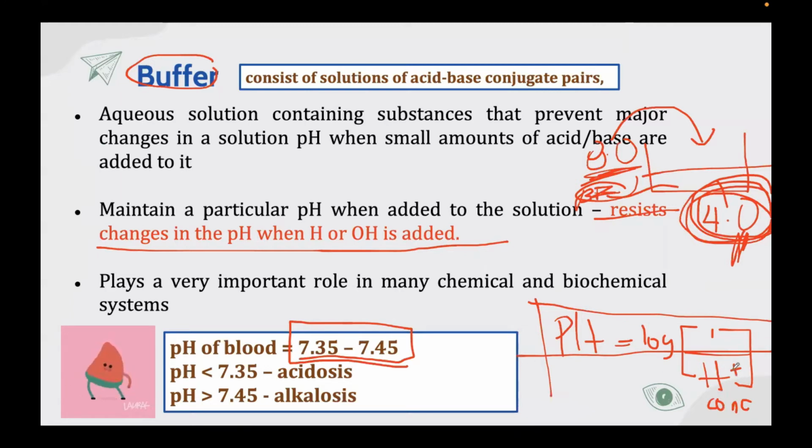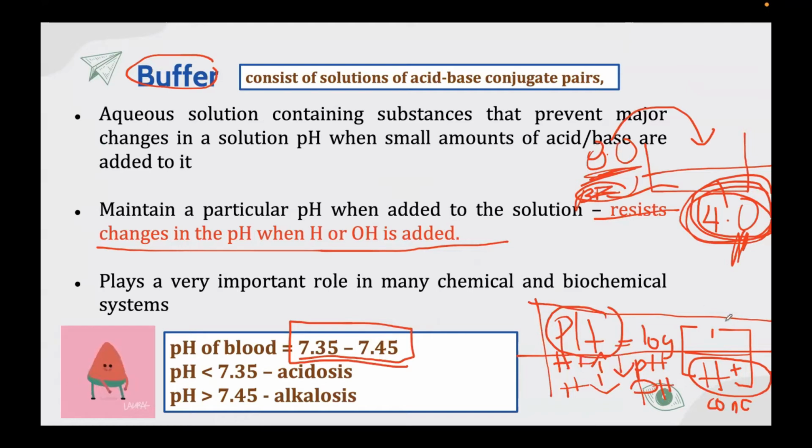Okay? Si hydrogen ion and then si pH, inversely related sila. So, ibig sabihin, pag tumataas yung hydrogen ion, bumababa yung pH. Okay? Pag bumababa yung hydrogen ion mo, tumataas naman yung pH mo.